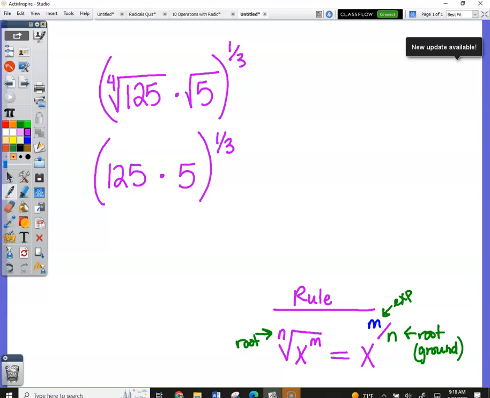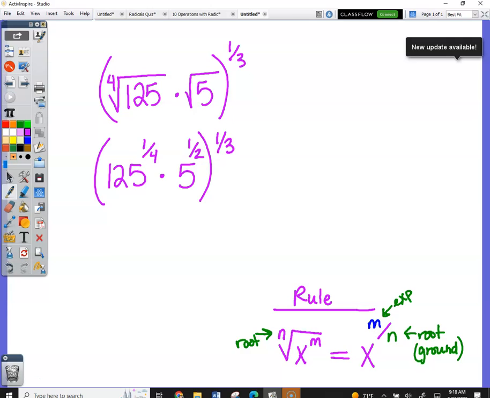I was giving everyone a chance to try. Okay, 125 is raised to what power? 1/4. Root is 4. There's no exponent, so it's an understood 1. 5 is raised to what power? 1/2.